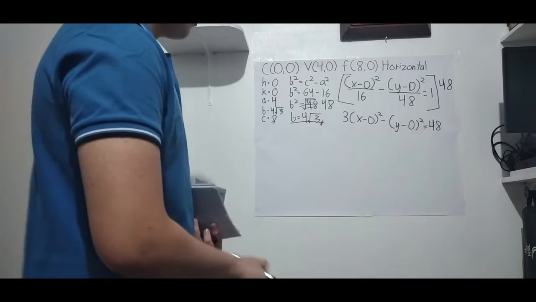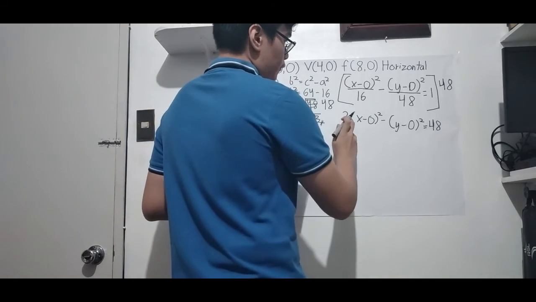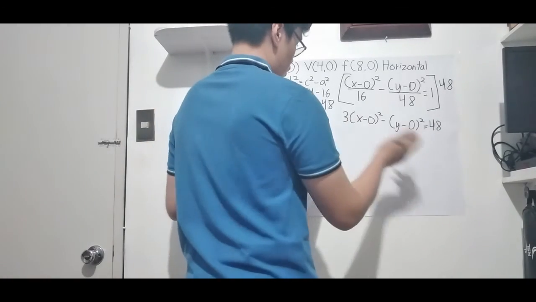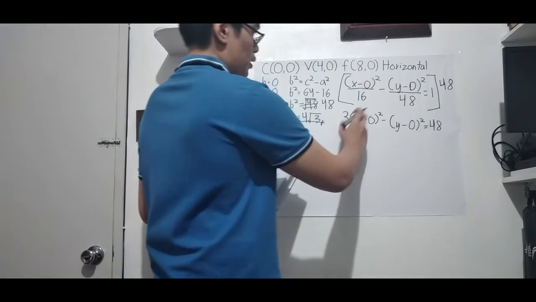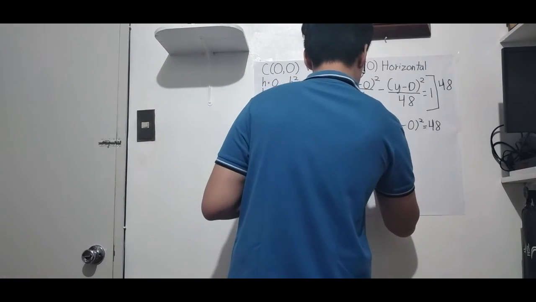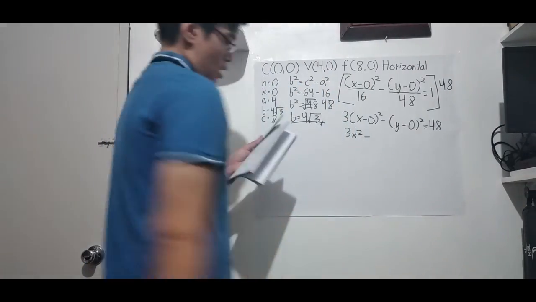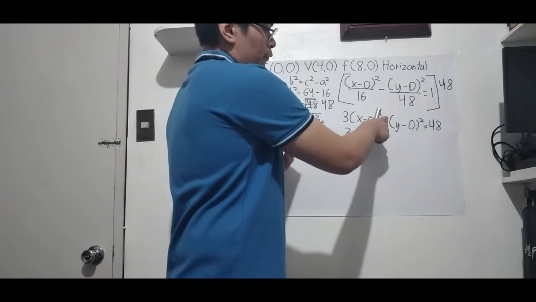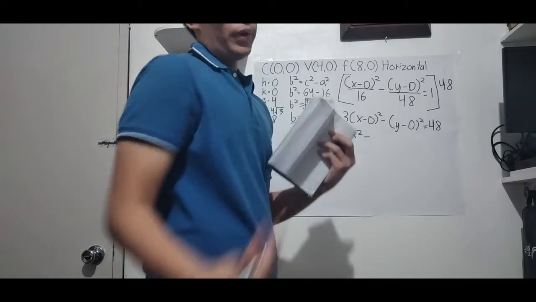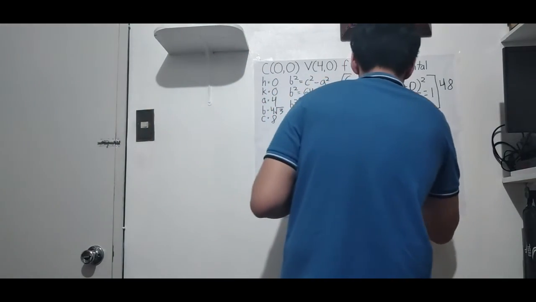Now, distributing 3 to x squared gives us 3x squared. Then copy the minus sign: 1 times y squared automatically gives us just y squared. So 3x squared minus y squared.